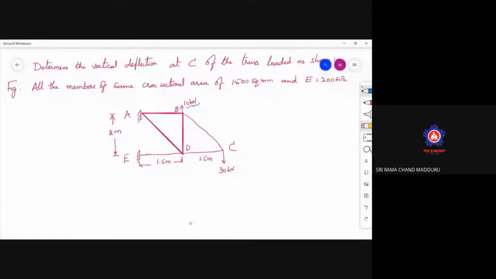So to get the deflection at C, it is 2U by W. Here, W is nothing but 30 kilonewtons.